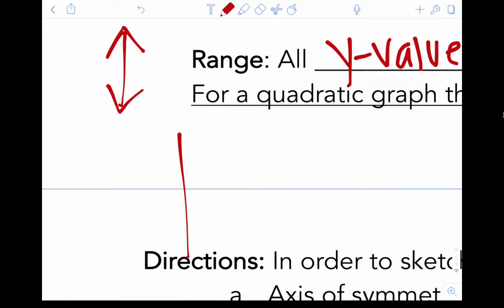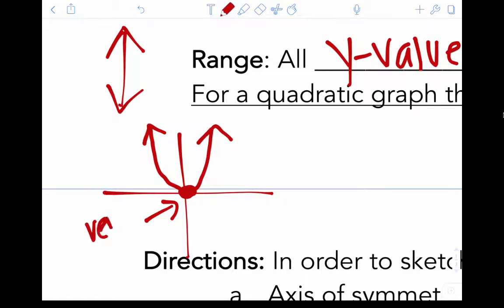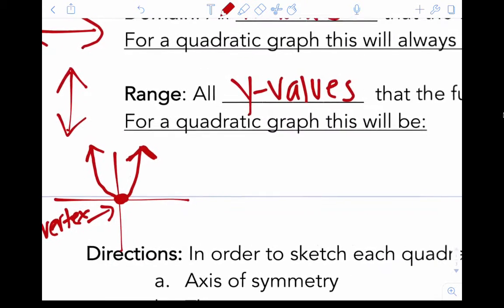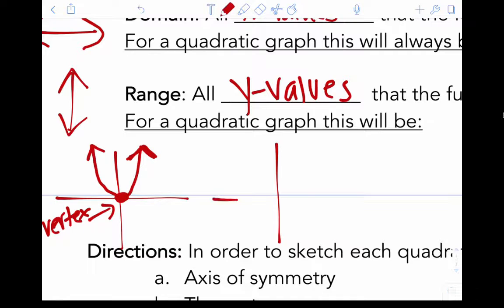So if I have a coordinate plane like this, and a graph that goes upwards, my lowest point is right here. My lowest point is the vertex, and then it continues going up forever. But I might also have something like this.